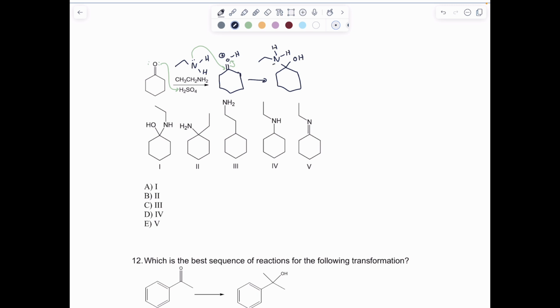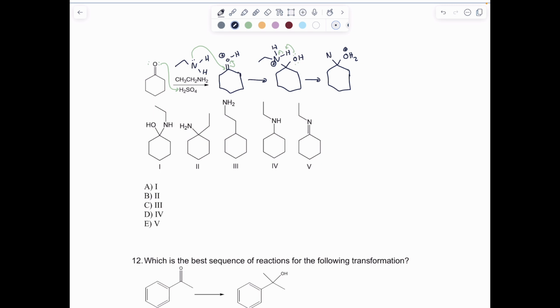The nitrogen is now positively charged because it has 4 bonds. We're going to have to protonate the OH group and deprotonate the NH2 group. So I can just show that as an intermolecular reaction where this oxygen has a lone pair that's able to just deprotonate, take one of those from the nitrogen, leaving us with this OH2 group, which is now a good leaving group.